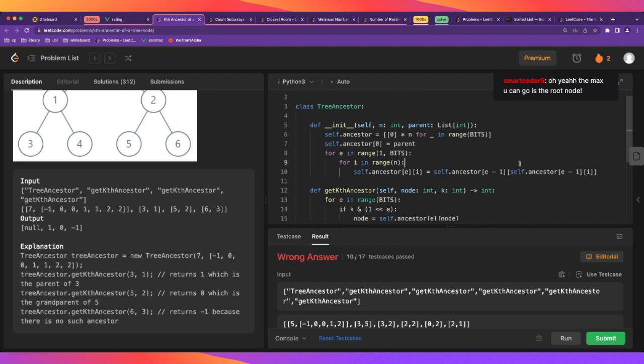So how can we do this with elegance? So one idea, one trick usually is to make the parent of the root its parent, and that will ensure that you never go outside the tree.